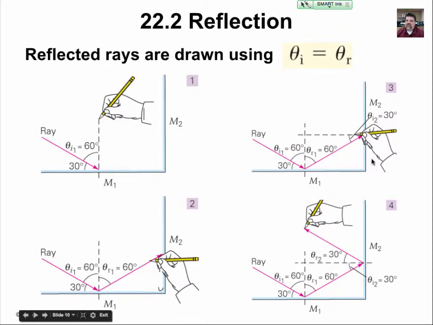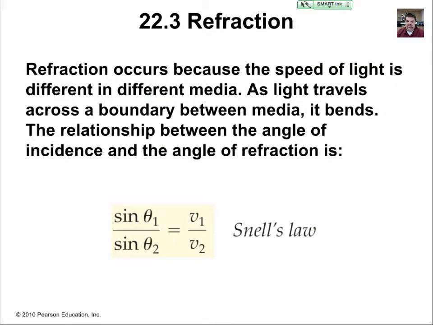And if this is a 90-degree angle, then my second surface should have an angle of incidence of 30 degrees, because this angle here should be 30 degrees. And so I get 30 degrees here. So we can use this concept of angle of incidence equals angle of reflection, and reflect light in several different directions, which will be useful when we make our solar cells.